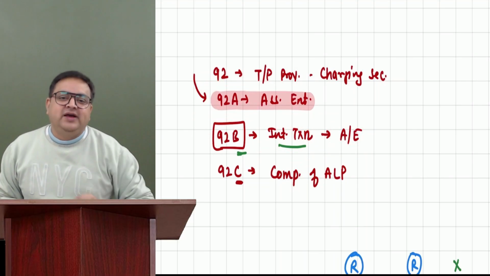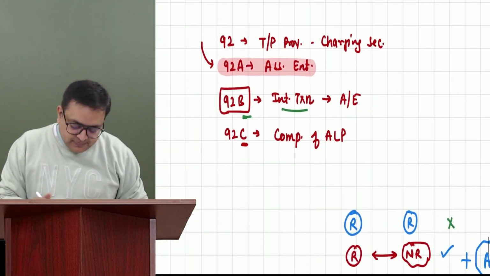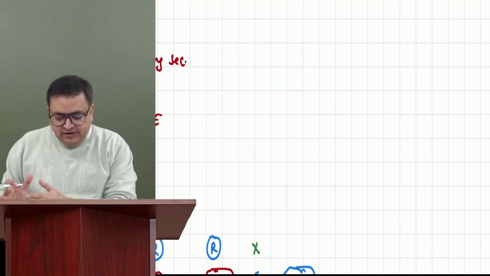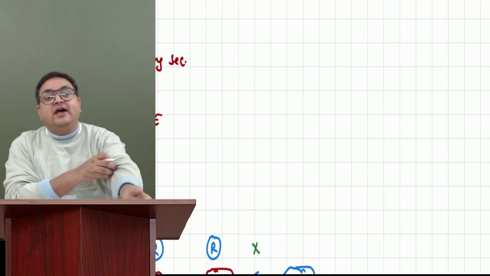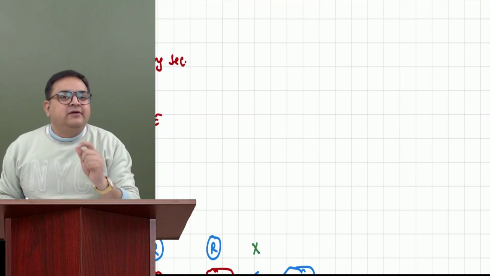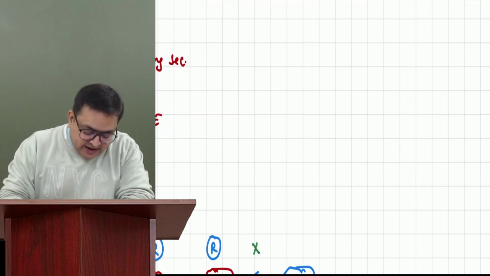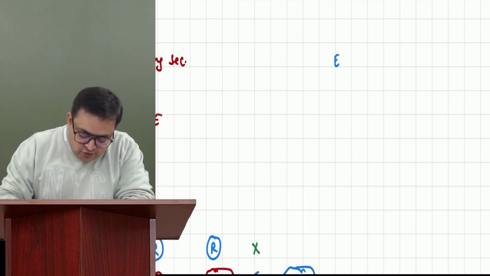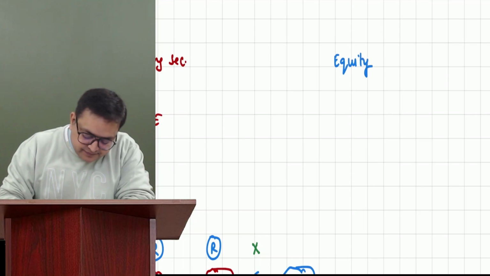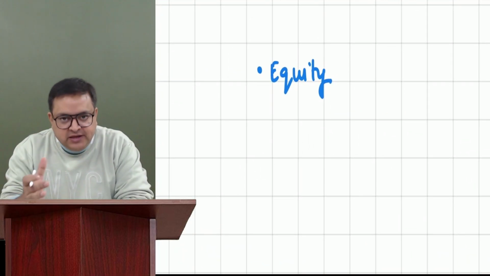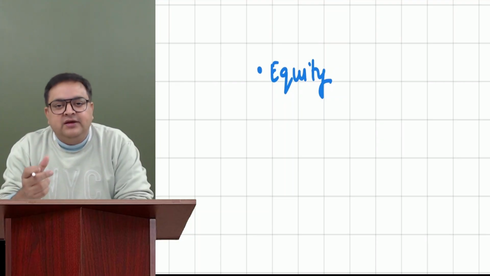What is an associated enterprise? First understand what associated means, and we will come to the definition. Associated means that two enterprises are closely connected with each other. Why are they connected? One enterprise might be holding the equity of another enterprise. If you hold a substantial amount of equity, then you become an associated enterprise.